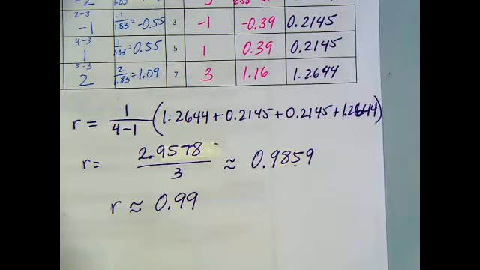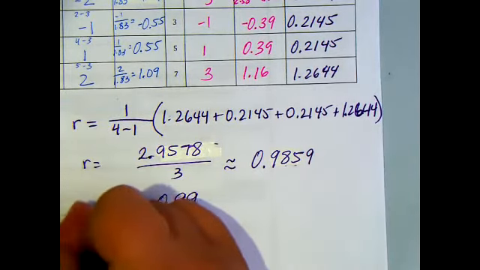And as far as 0.99, what kind of correlation is that? What's the strength level? Do we have a weak, a some, a strong, a very strong? It's very strong, yeah.